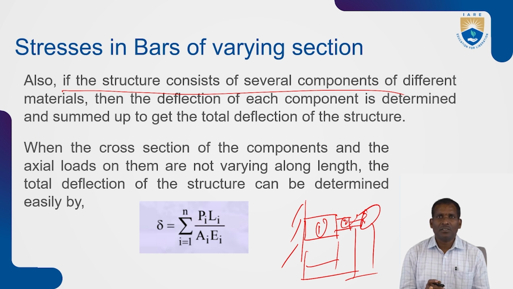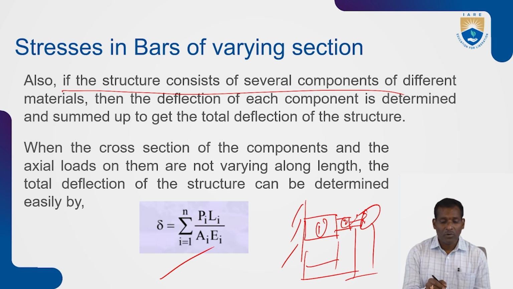When the cross-section of the components and the axial loads on them are not varying along the length, the total deflection of the structure can be determined by using this formula.